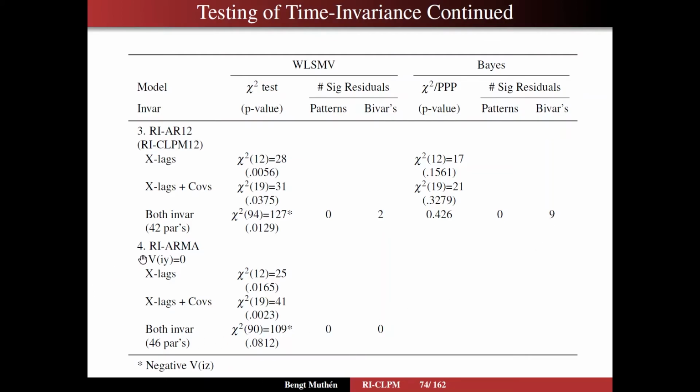For RI-ARMA, you have not a clear rejection, but when you impose both being invariant, you get a negative variance for IZ, for the substance abuse random intercept variance.